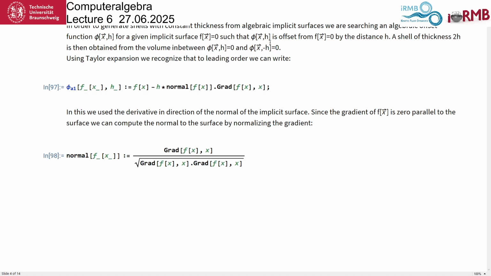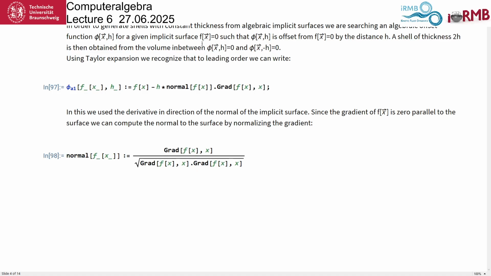So what we need to do is move it normal to the surface. So we are now assuming we have an algebraic function, and say this algebraic function is f of x equal to 0.